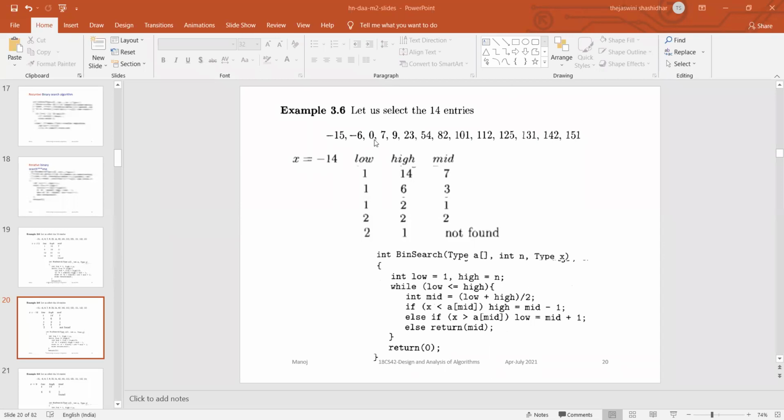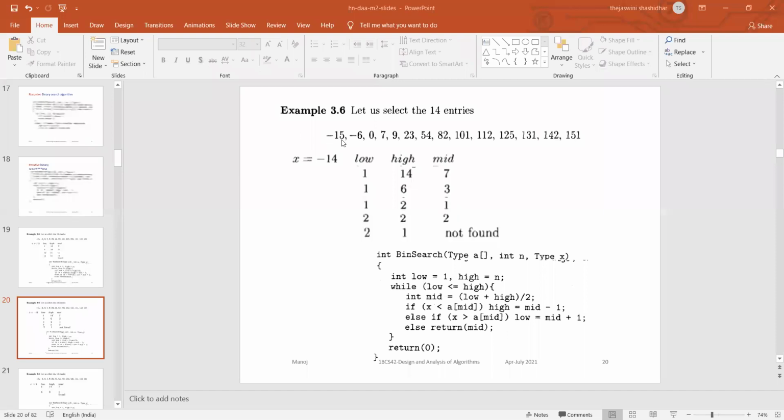So minus 14 is less than 0, and now you make high is equal to mid minus 1. What is the high you are having? Mid minus 1 is 3 minus 1, which is 2. So now low is 1, high is 2. 1 plus 2 by 2 gives 1.5, but the middle element is 1.